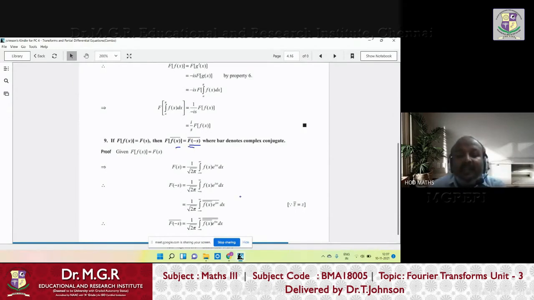So find the Fourier transform of f of x, not the complex conjugate, and then change s to minus s and put a complex conjugate sign, right? This property looks very simple, but it has a lot of uses whenever the function is complex valued. Remember, dealing with complex valued functions is really challenging.